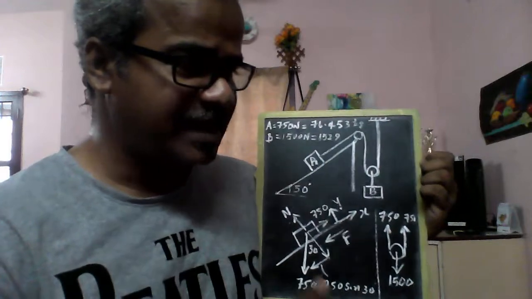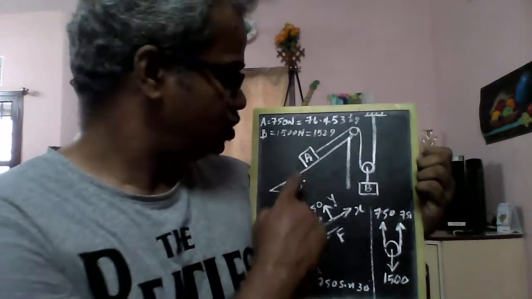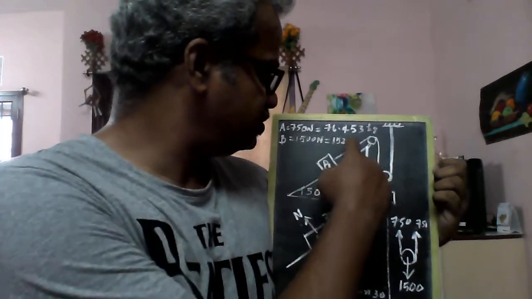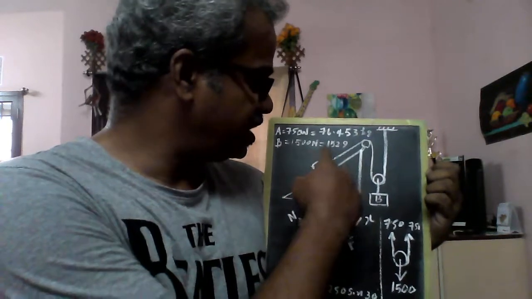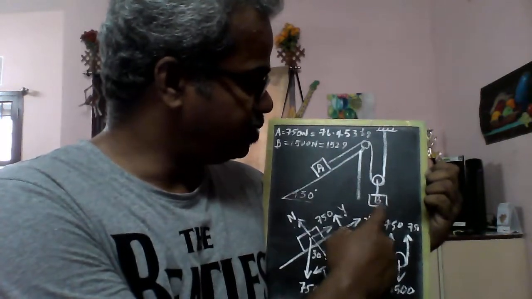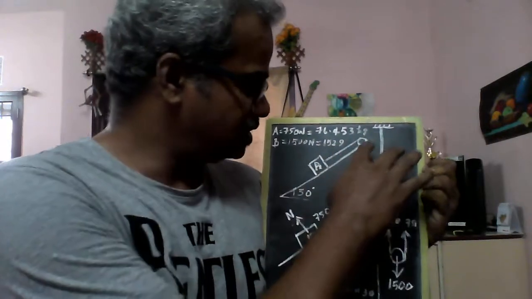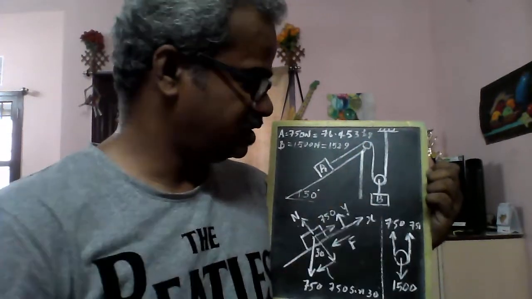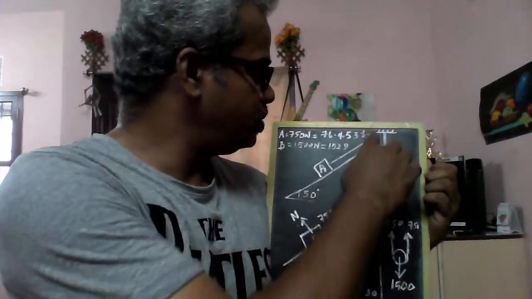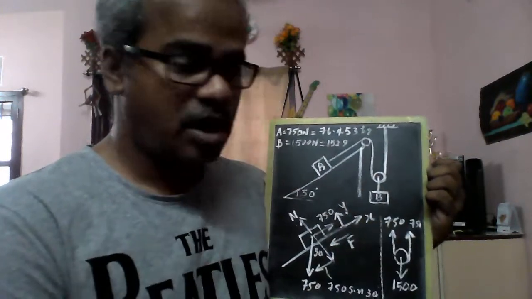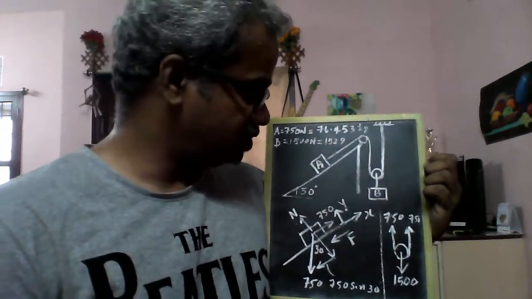Definitely both accelerations will differ. If body A has an acceleration of AA, body B will have an acceleration half of that, because it is connected with two strings. This movement and this movement will be half of that. So the accelerations will be different.